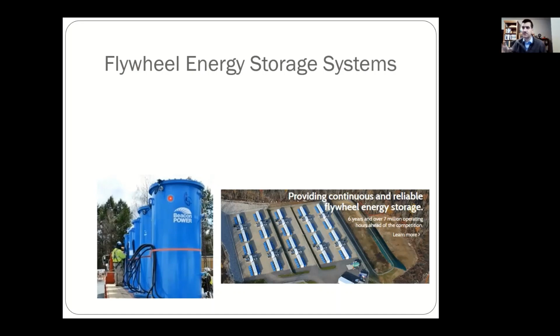And I'm pretty sure I've mentioned this before, but the cool thing about generators is that most types of generators can be used as a motor, and most types of motors can be used as a generator. So we're actually going to use this one electrical device as both a motor and a generator. That would probably be somewhere inside the device, either at the top or the very bottom of this device.